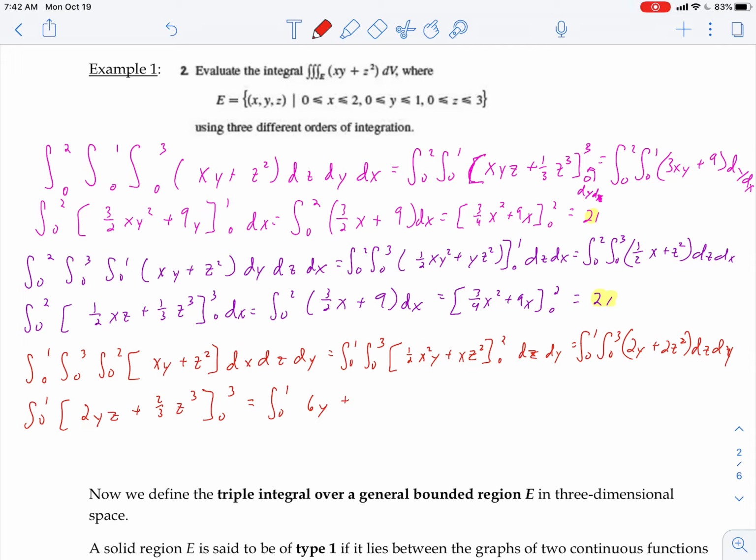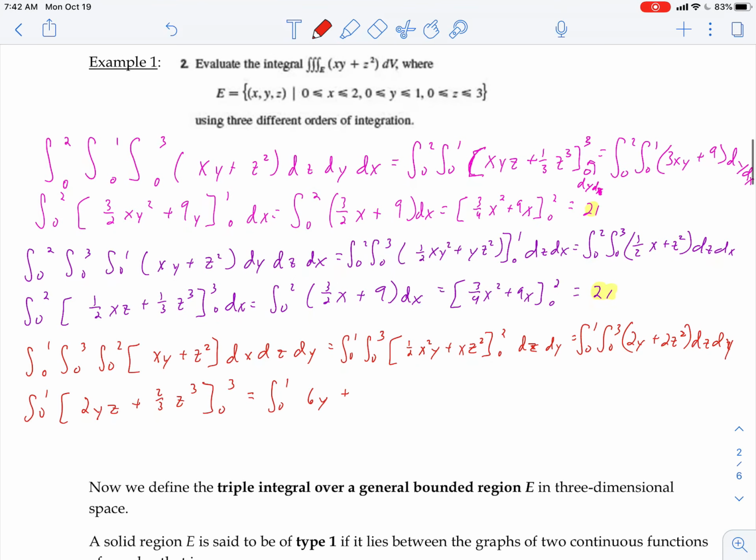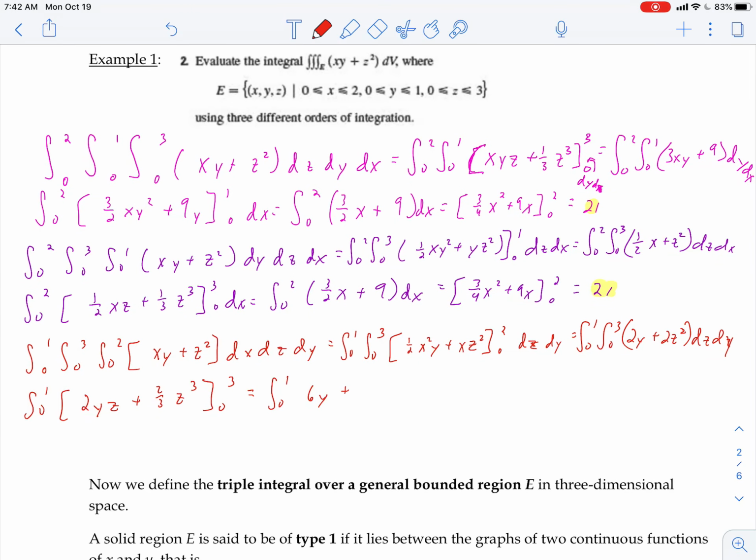Let me check that real quick. 2y plus 2z squared is good. 2yz plus 2/3 z cubed is good.